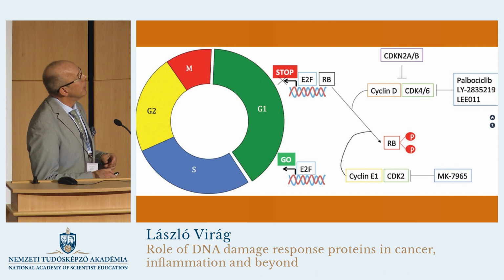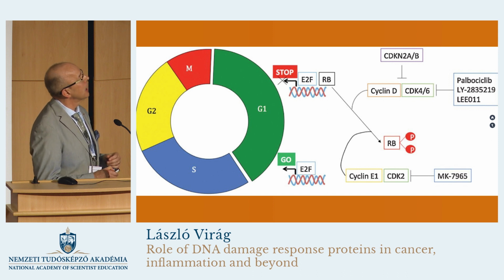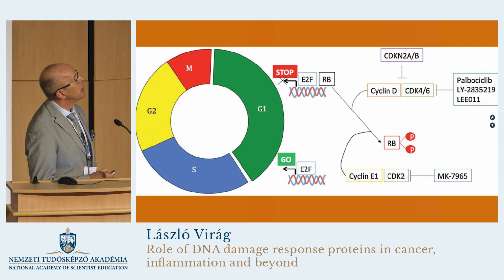For example, we performed experiments with cancer cells that we arrested in the G1 phase of the cell cycle. So that's the interphase that separates two mitotic phases, and we can stop the cell cycle in this phase by using inhibitors of cyclin-dependent kinase 4 or 6.